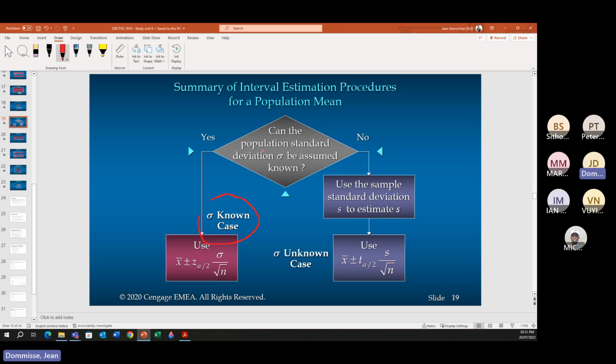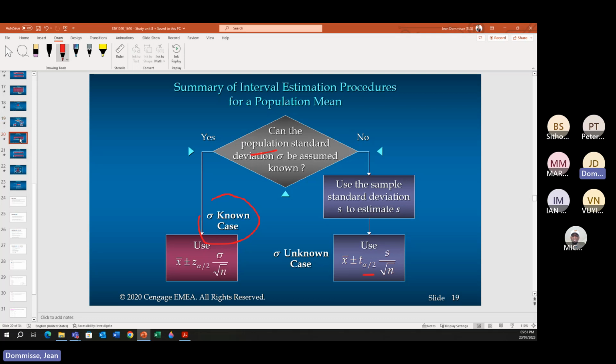If I don't see any wording of population, or if I see that they talk about sample, then I look at it and say, okay, well, it's not known. In that case, I will work with a T. So again, if you have access to a printer, please, if it will assist you, print this slide so that when we get to those examples, it's easier for you to look at.